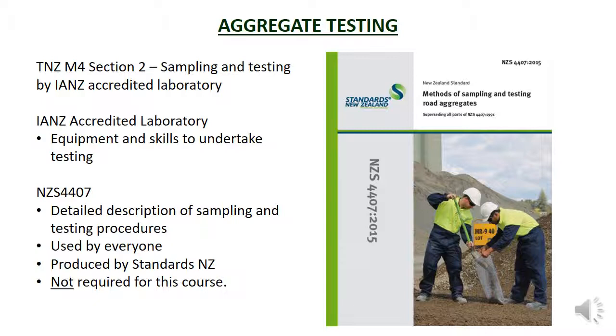This means that the results of the testing on specific materials provide an accurate indication of its properties and allow designers and road controlling authorities to set out specific requirements based on those tests and have confidence that the road will perform as designed. NZS 4407 is produced by Standards New Zealand, who are a government organisation dedicated to providing standards for all New Zealand industry.